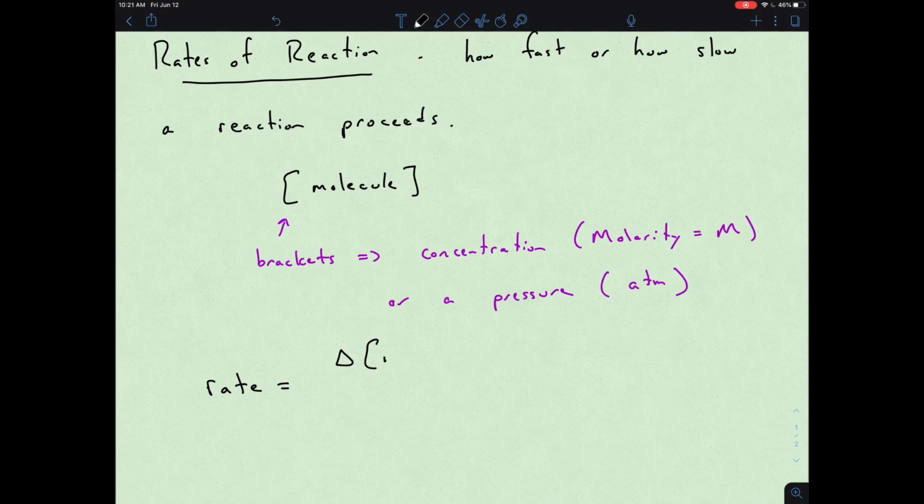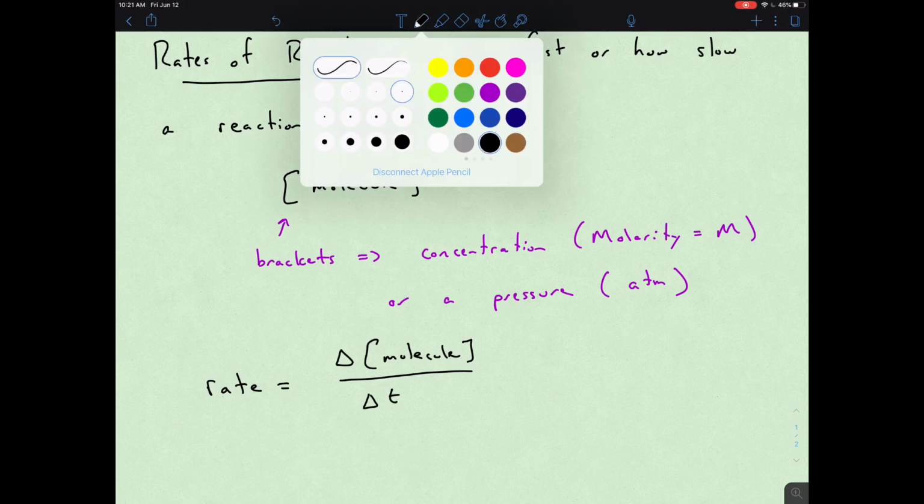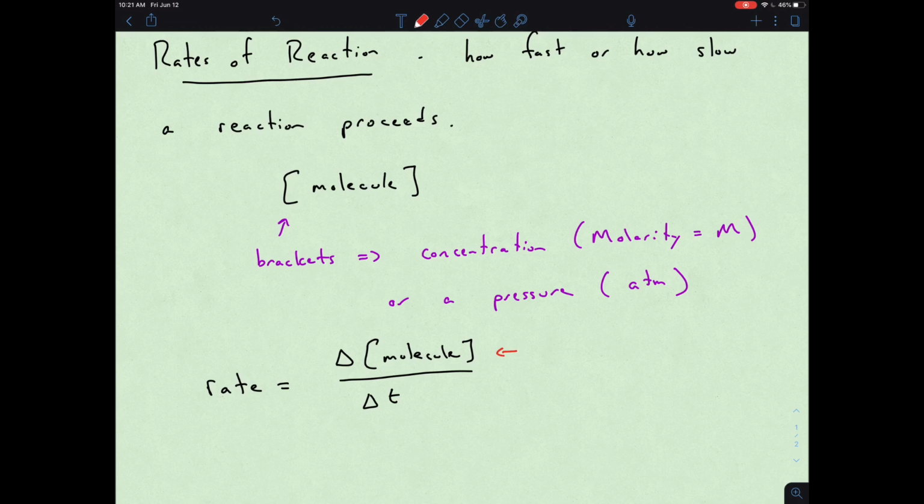And that's what we see here with this basic understanding of rate, that we could look at the change in concentration or the change in pressure over a change in time. So that's the beginning idea of rates, right?